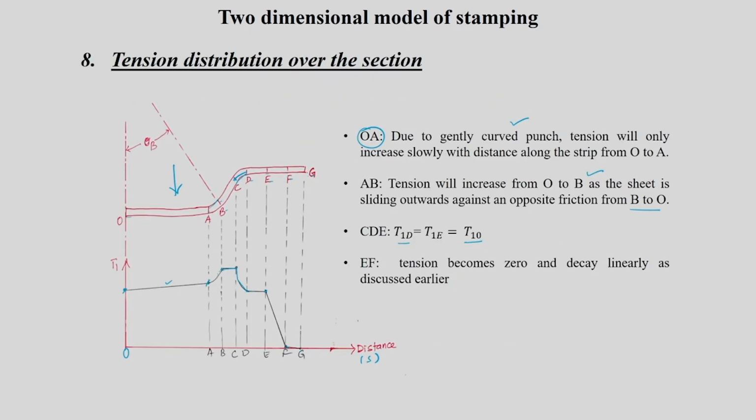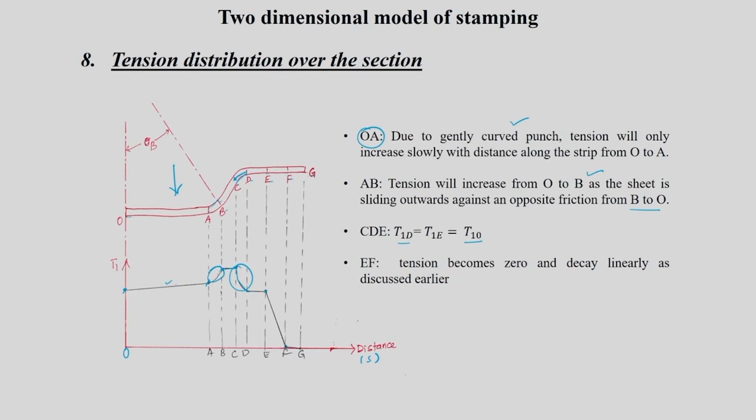Okay, so we have to be a little bit careful. That is why in this punch corner region there is basically a sudden change in your tension. There is a slight increase because it is a gently curved one. This is a corner, so naturally tension will increase.